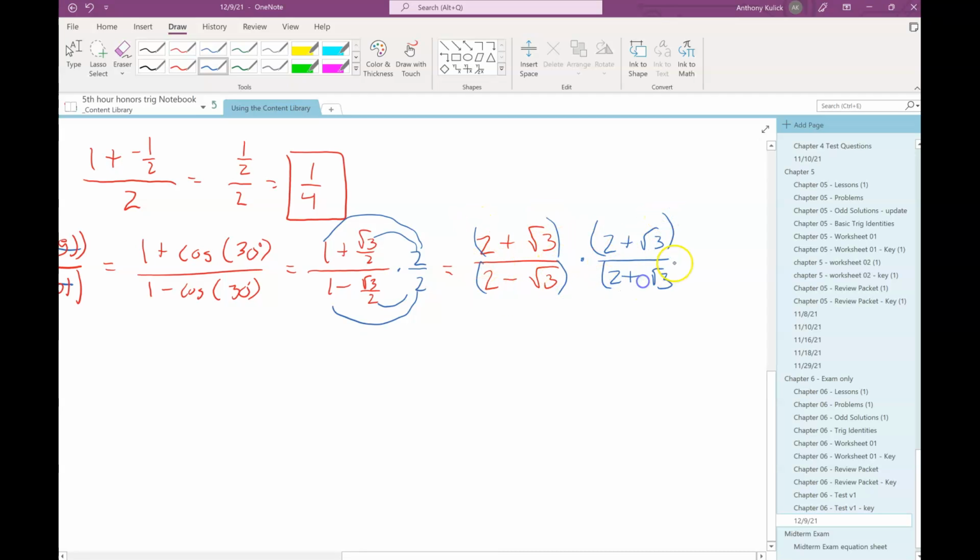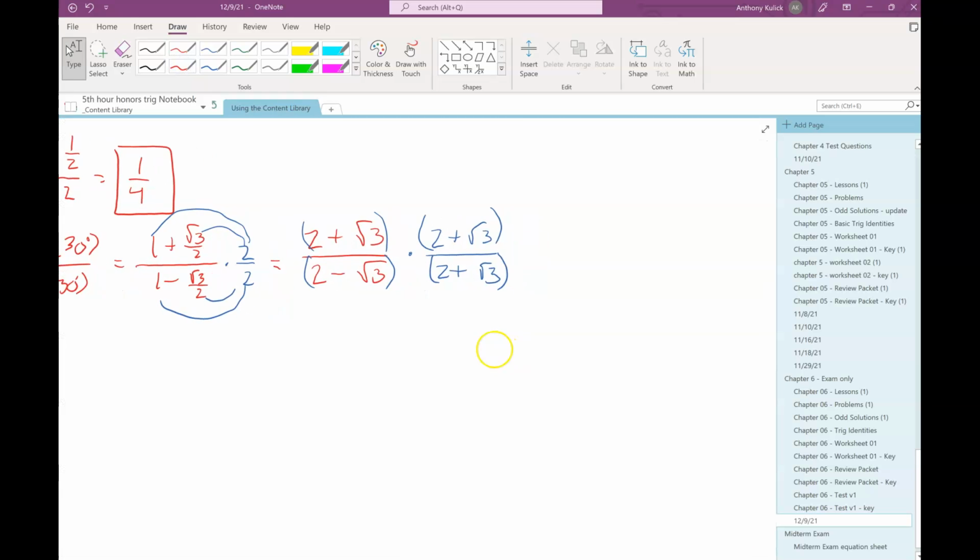And then we'll think of these as all having parentheses around them, because what we're going to do here is FOIL. So I'll write out the foiling. Just FYI, square root of 3 times square root of 3 is root 3 squared, or just 3. I'm just going to write it as 3 and do that simplifying in my head.